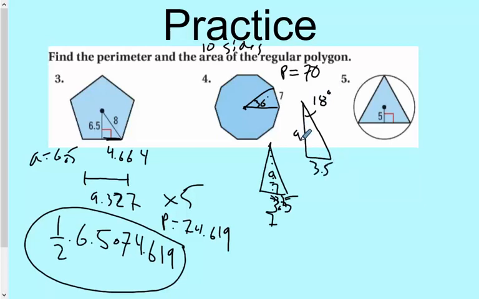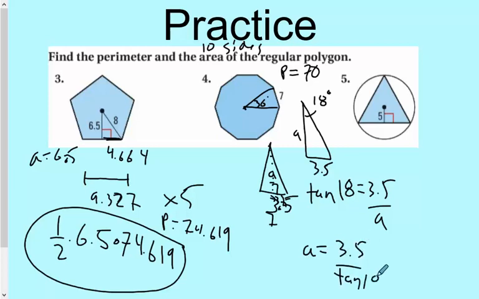I'm looking for A, so that would be tangent. So I'm going to use tangent of 18 equals opposite divided by adjacent. I'm going to multiply by A and then divide by tangent of 18. So I end up with, if I multiply by A and then divide by tangent of 18, that's what I end up with right there.